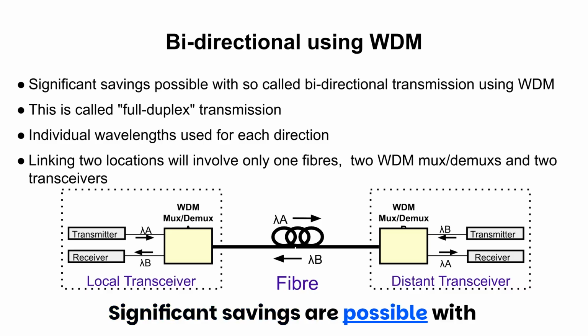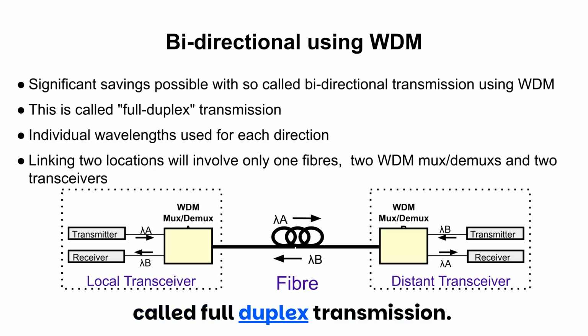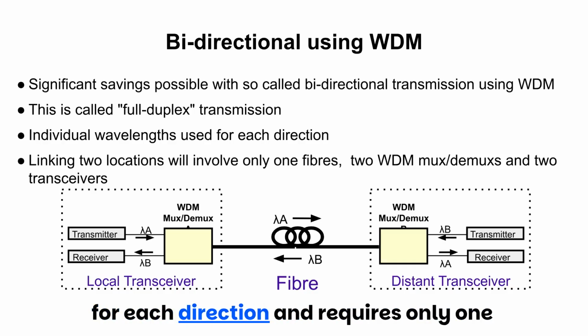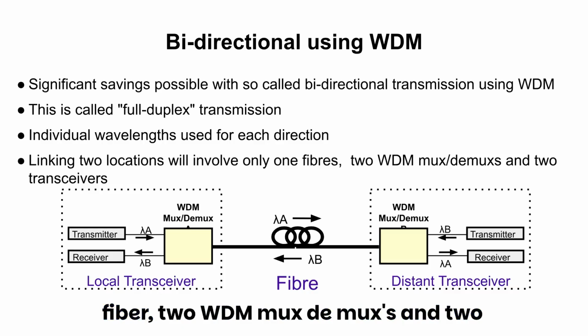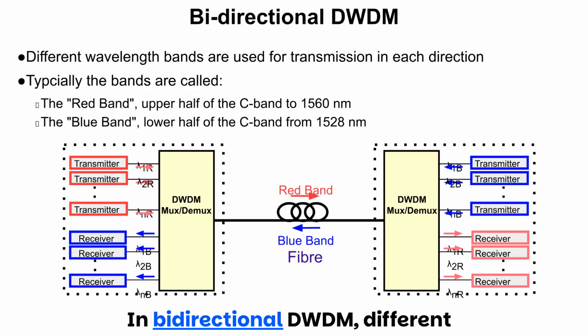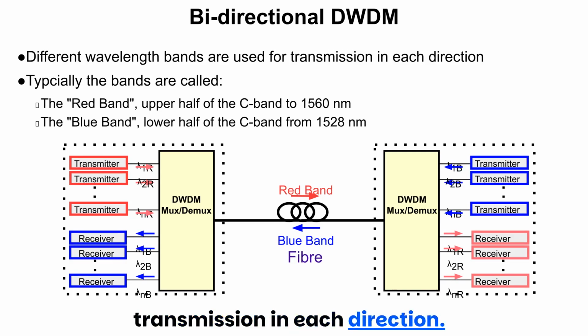Significant savings are possible with bidirectional transmission using WDM, called full duplex transmission. This method uses individual wavelengths for each direction and requires only one fiber, two WDM mux-demuxes, and two transceivers to link two locations. In bidirectional DWDM, different wavelength bands are used for transmission in each direction.